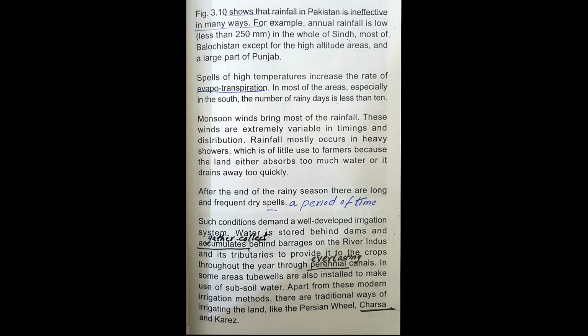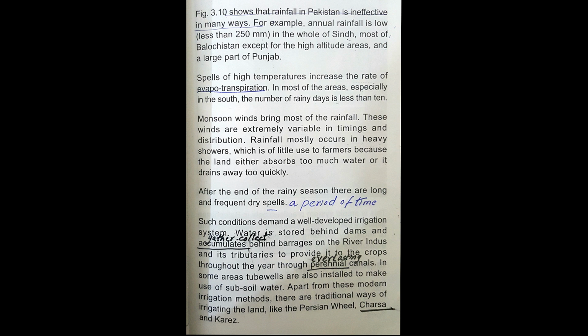In some areas, tube wells are also installed to make use of subsoil water. Apart from these modern irrigation methods, there are traditional ways of irrigating the land like the Persian wheel, charsa, and kharees.